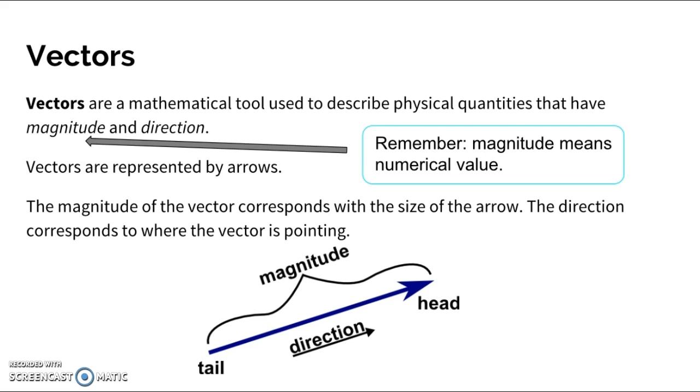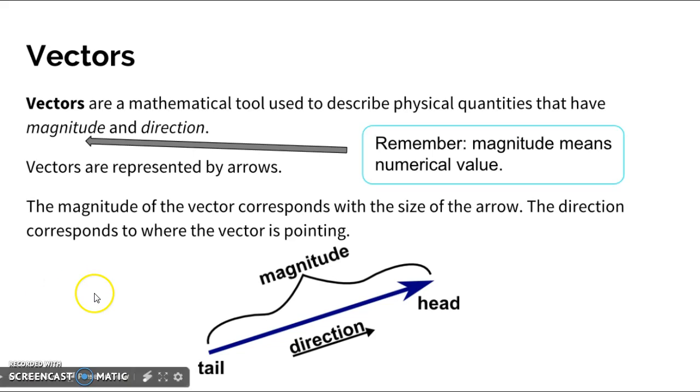We can represent vectors graphically by drawing arrows. A vector is represented by an arrow. The magnitude of the vector corresponds to the size of the arrow. So if it's a larger quantity for this vector, we're going to draw a longer arrow than we would for a small magnitude value. The direction corresponds to where the vector is pointing.